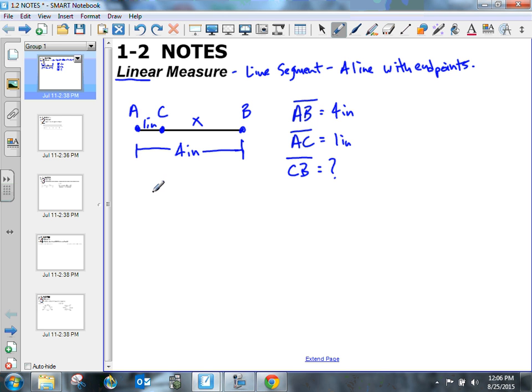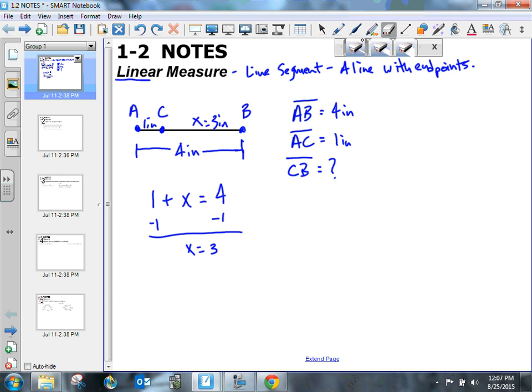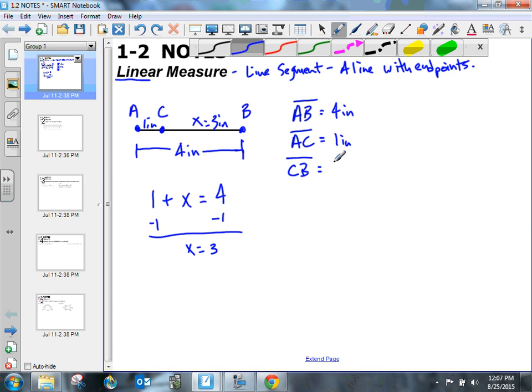If I took the length of 1 inch and added an unknown distance, which is X, and it equals 4 inches, because the whole thing is 4 inches, then I can solve this equation. I subtract 1 from both sides, and I get that X is equal to 3. So CB is equal to 3 inches. We'll do an activity in class where we really try and reinforce this idea.